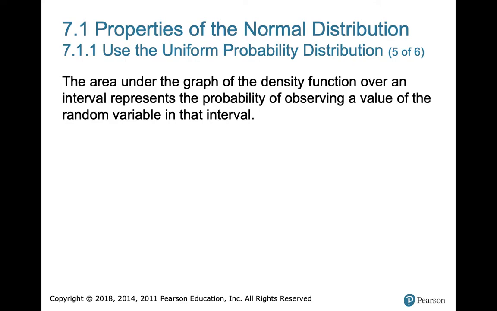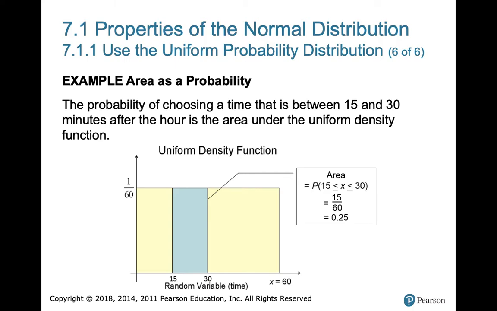So then we could find the probability for any interval by looking for the area of that interval. So if I wanted to know what's the probability that the package is going to arrive between 10:15 and 10:30, because maybe I have a quick errand to run and I want to know what are the chances that I'm going to end up missing the delivery and maybe I have to sign for it.